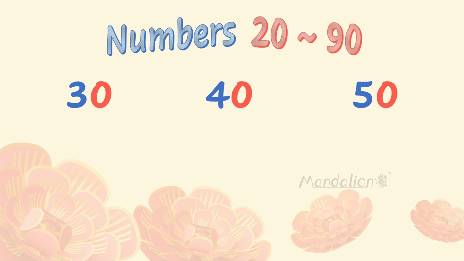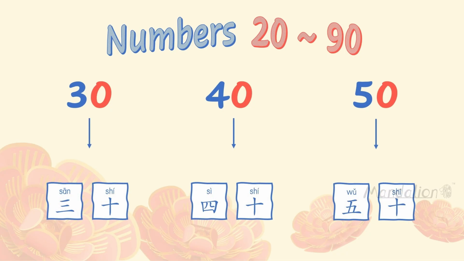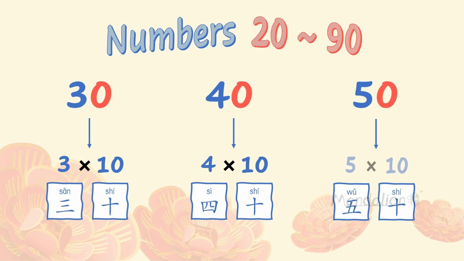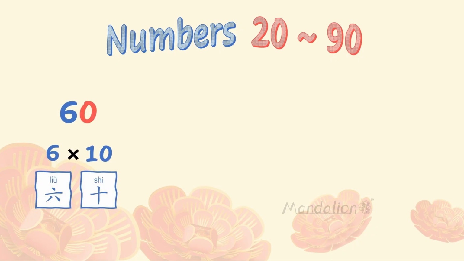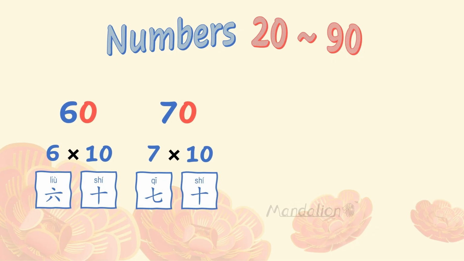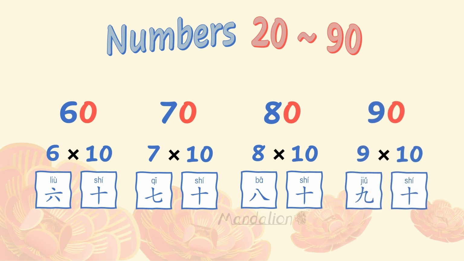So, using the same rule, 30, 40, and 50 should be 三十, 四十, and 五十 because they each have 3 tens, 4 tens, and 5 tens respectively. And so 60 is 六十, 70 is 七十, 80 is 八十, and 90 is 九十.